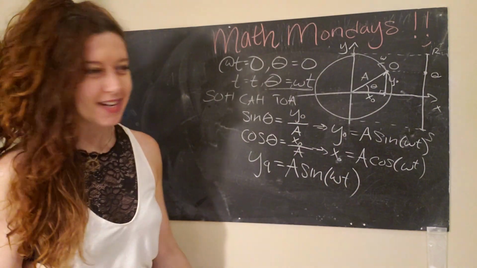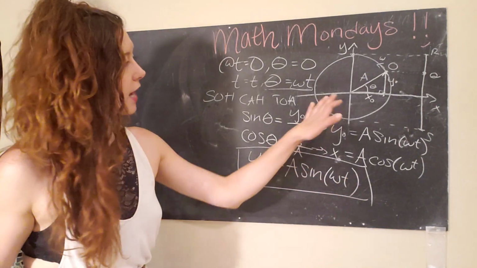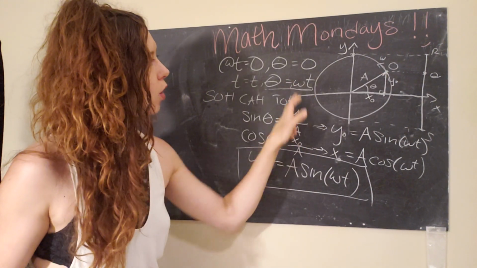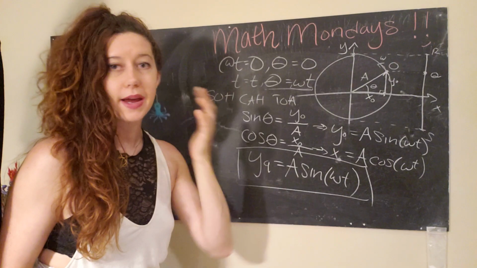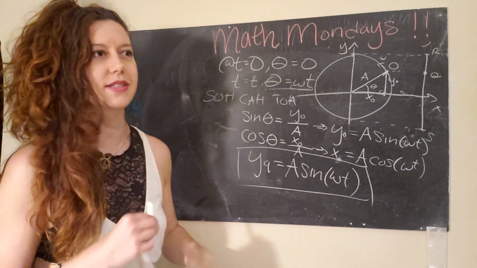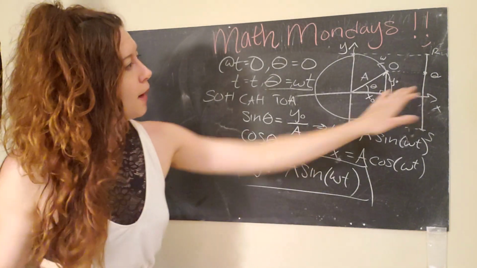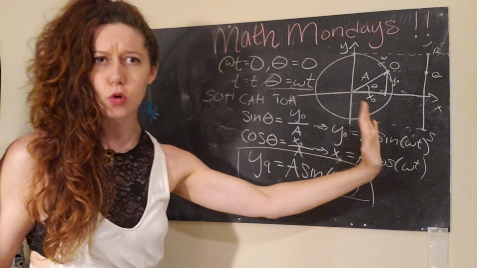Pretty awesome, right? So what is fascinating to me about this is that I think it's fairly reasonable for us to think about the object O as moving in a circle. And okay, circles, sines and cosines, angles, that makes sense. Okay, I get that. We've done that before. But now all of a sudden we have something that's moving in a vertical line.